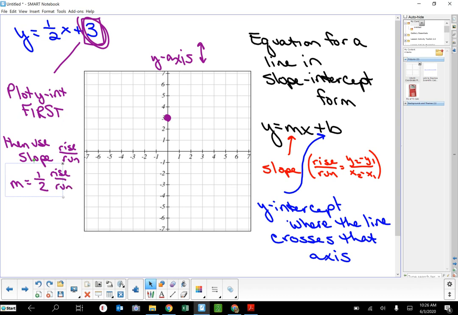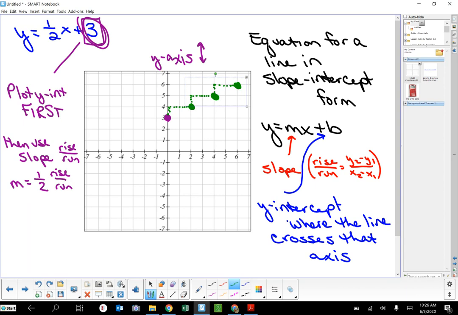So from this point, I'm going to get a different color pen. With my slope, I'm going to rise up 1 unit from the point I already have and then run 2 units. And that's where my next point is going to go. Rise up 1, run 2, and that's where my next point is going to go.